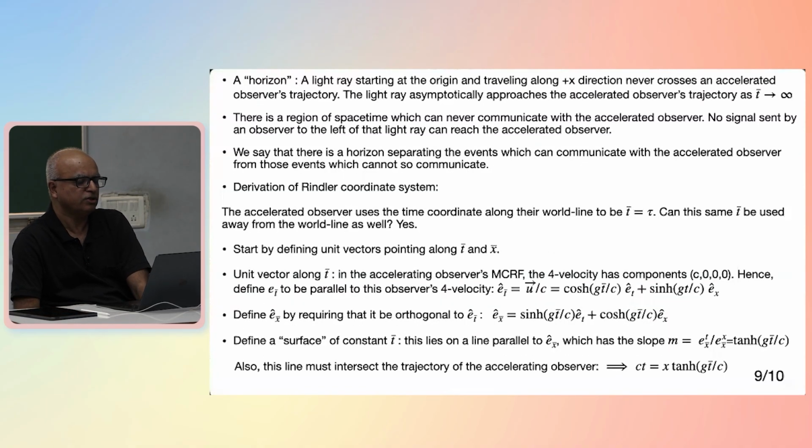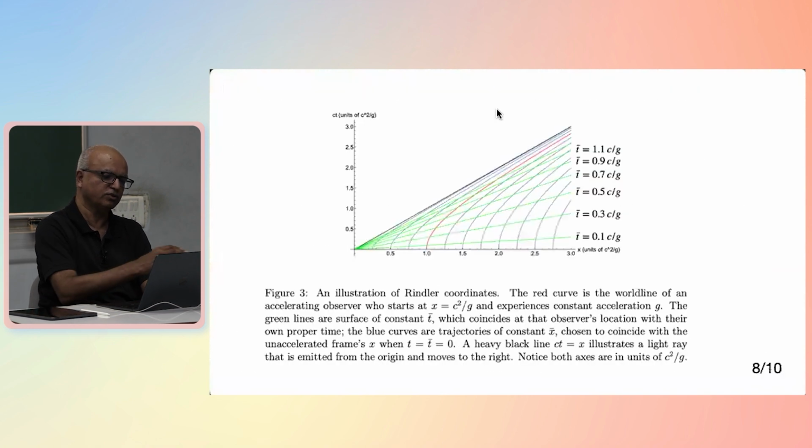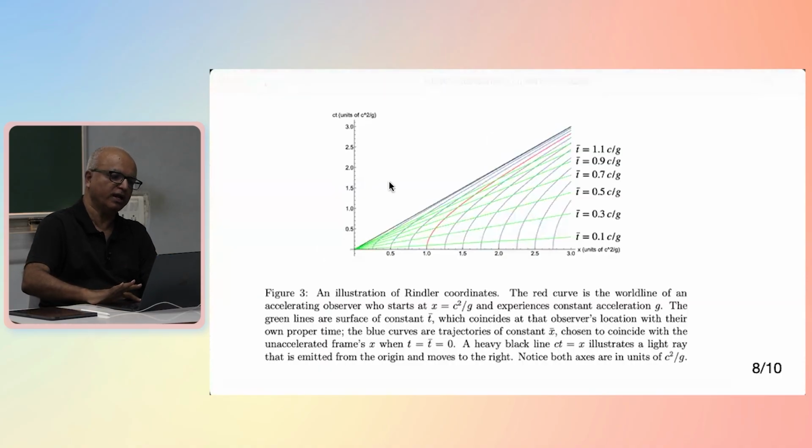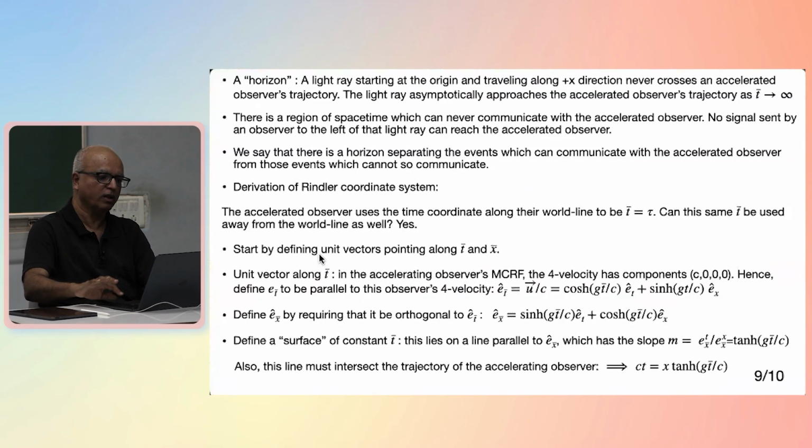There is a region of space-time which can never communicate with the accelerated observer. No signal sent by an observer to the left of that light ray can reach the accelerated observer. So, if you extend this x axis to the left, suppose from here you send a light ray like this, it will never reach, I will explain this more visually, it will never reach the accelerated observer.